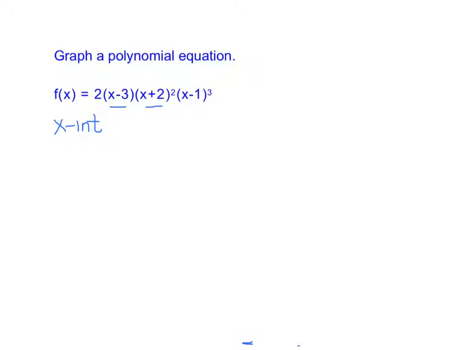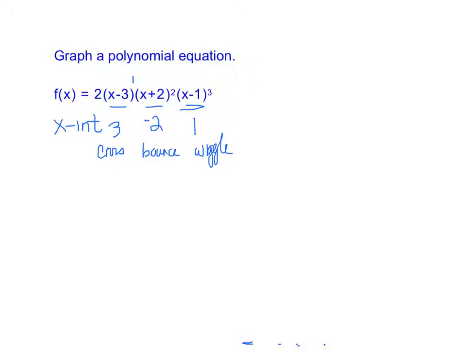I have x is 3, and 3 is to the first power, so this is going to be a cross. This is -2. It's going to be a bounce because of that 2 there. And then this factor is 1, and to the third power will be a wiggle.